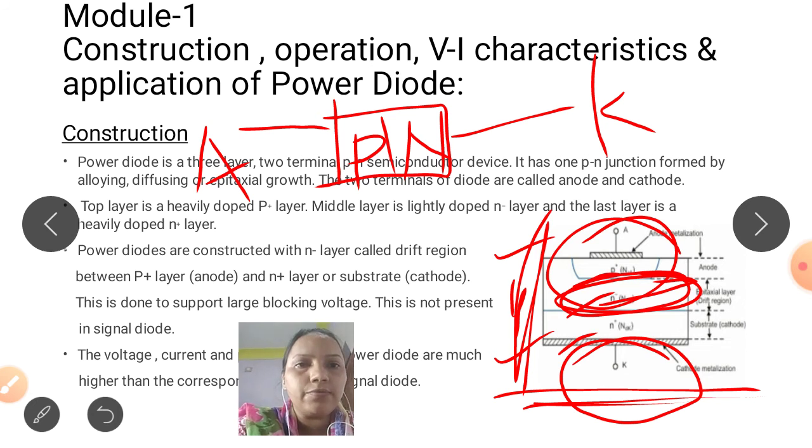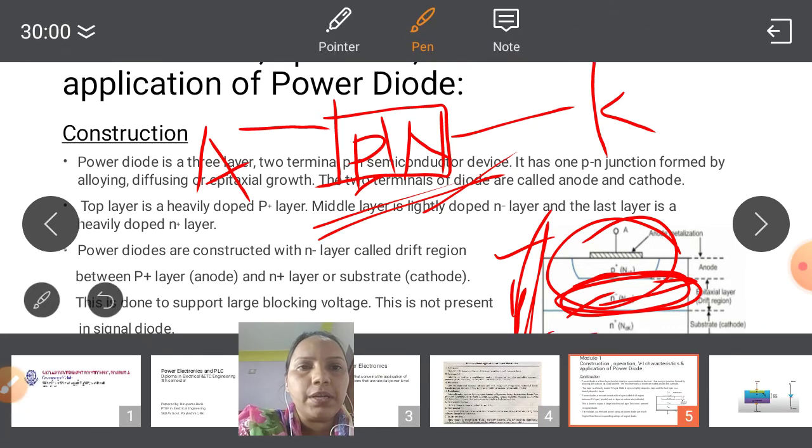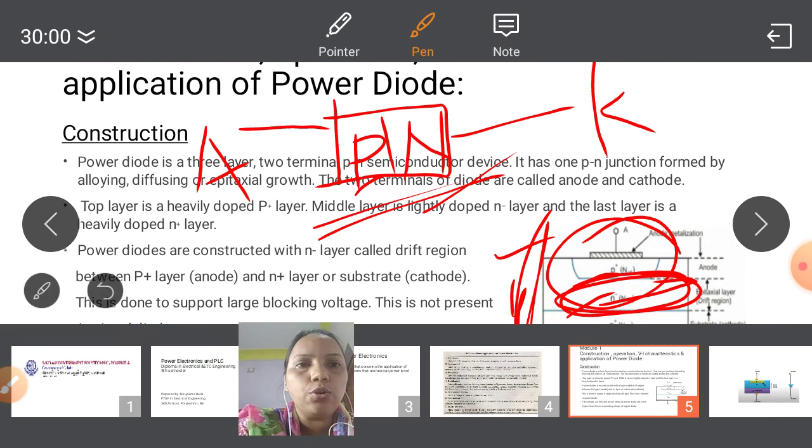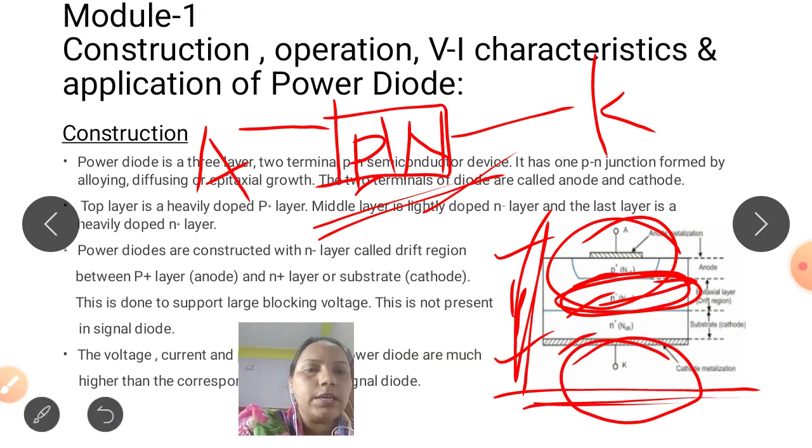In the case of the signal diode, there is a P layer and an N layer, two terminals, and one PN junction. In the case of the power diode, there are three layers, one PN junction, and two terminals, anode and cathode.